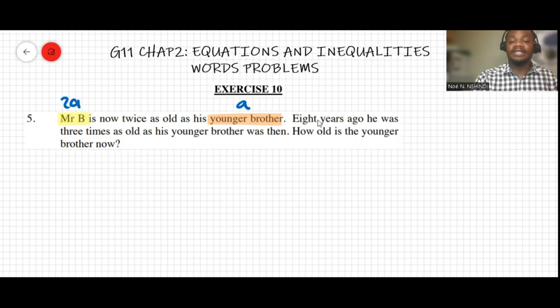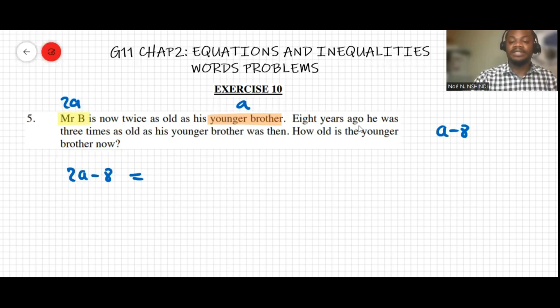Now, it is said that 8 years ago, he was 3 times as old as his younger brother. So 8 years ago, meaning if now is 2A, 8 years ago it will be 2A minus 8, right? His younger brother 8 years ago would have been, let me write it here, A minus 8.